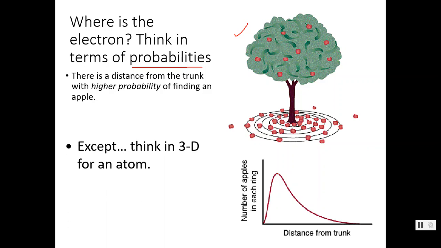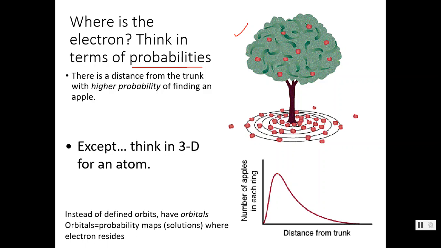In the Bohr model of the atom, we said that electrons traveled in specific paths called orbits. The electron was either there or it wasn't there. Now, instead of these defined orbits, we need to think of this new concept of probabilities of where an electron is.